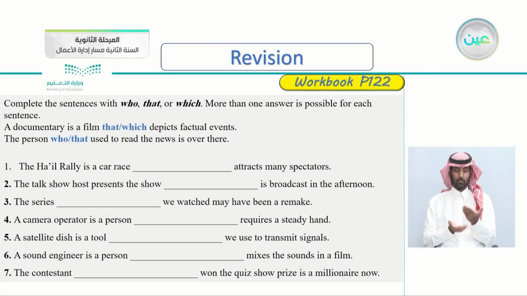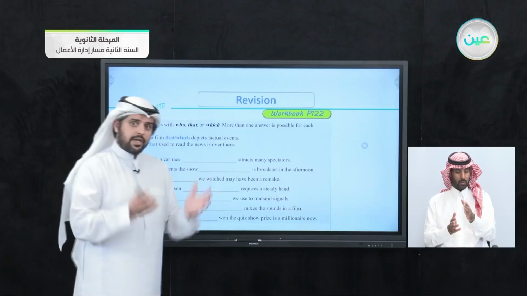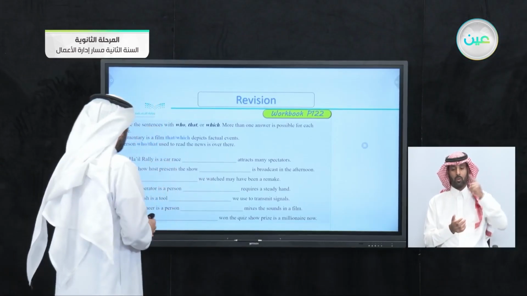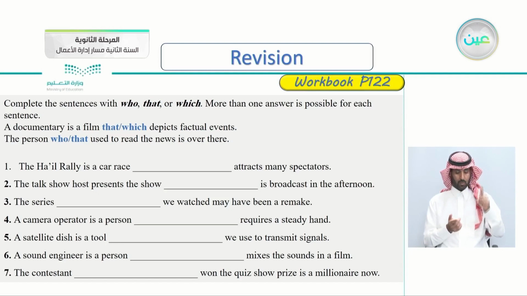Complete the sentences with who, that, or which. And remember, more than one answer is possible. This is the first example here. The first one is already done as an example. A documentary is a film that or which depicts factual events.